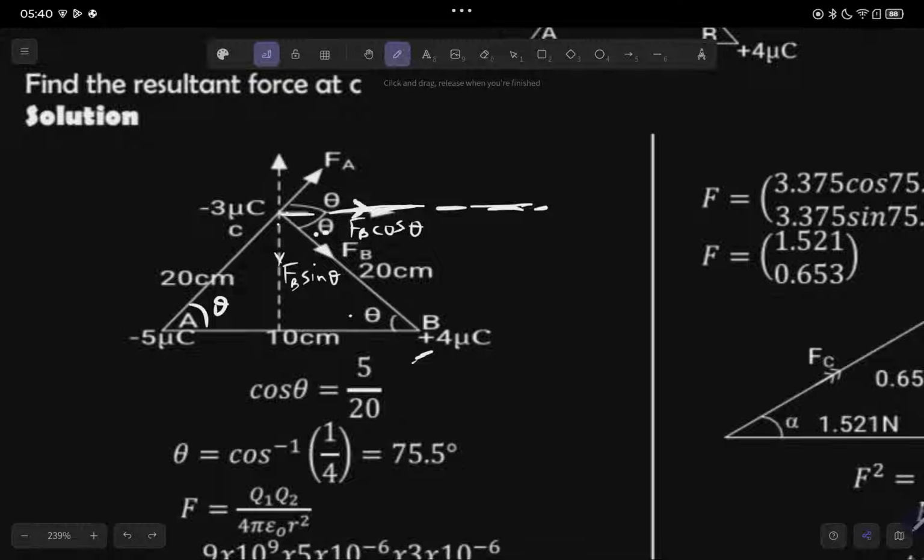We do the same thing for FA. The one next to this angle here becomes FA cos of theta, and the remaining vertical one automatically becomes FA sine of theta. So since we shall need that angle theta, it is important for us to find it early enough.